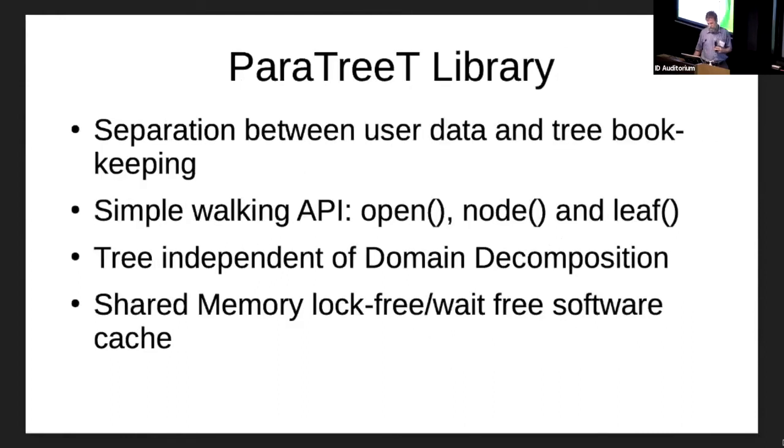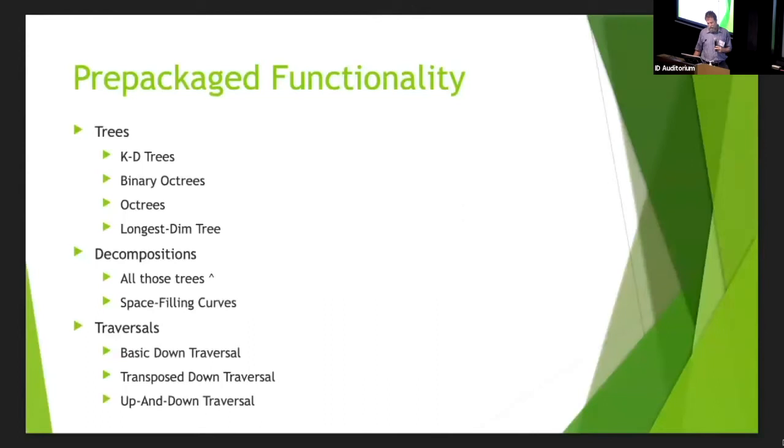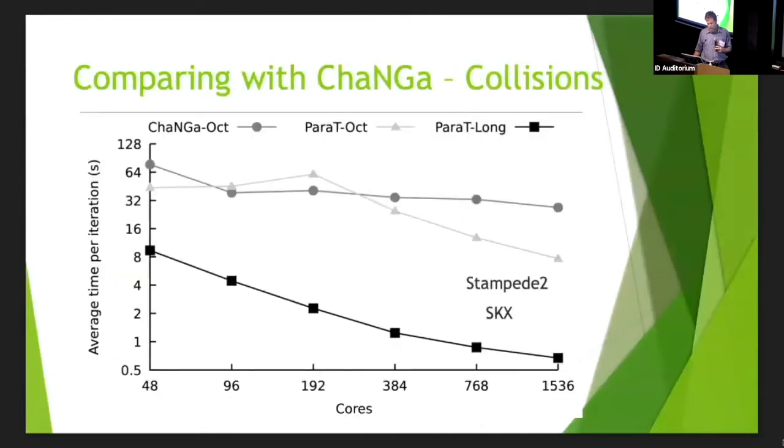Well, we've got too much to do. Let's look at this one. Here's an example of what we've done so far in producing new trees. Sometimes the octree that we normally use for gravity isn't the best for the situation.